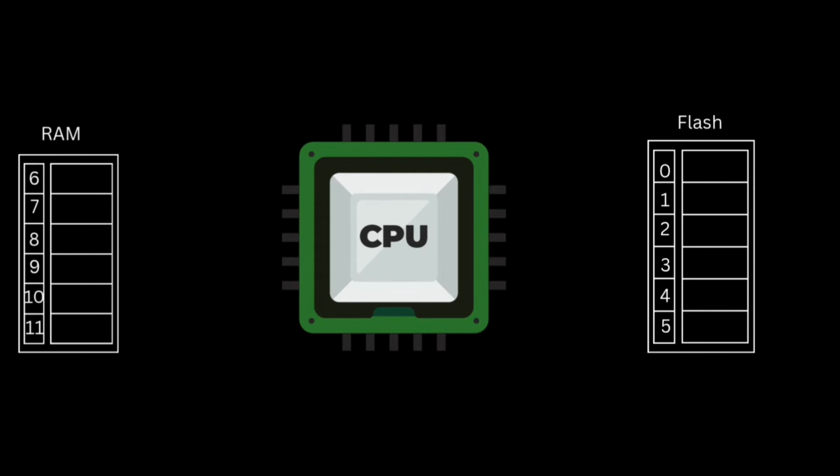The buses that connect the CPU to the flash or program memory include the instruction bus, which carries instructions from the flash to the CPU, the instruction address bus, which the CPU uses to tell the flash which address to fetch the next instruction from, and finally, the control buses, which include signals like read and write enable.